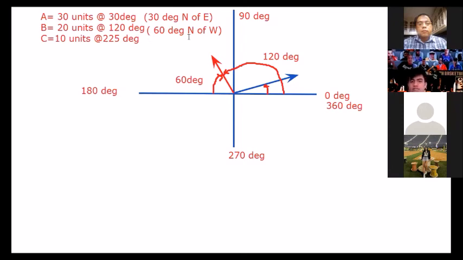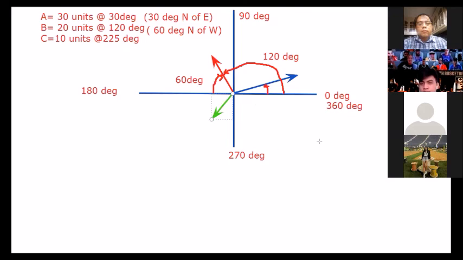Now where is 225? 225 is between 180 and 270. If I use a different color here, if this is 0 and it's just 10, we go counterclockwise. So 90, 180, and then plus 45. 180 plus 45 gives you your 225.